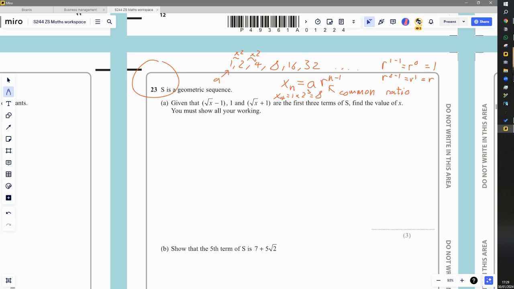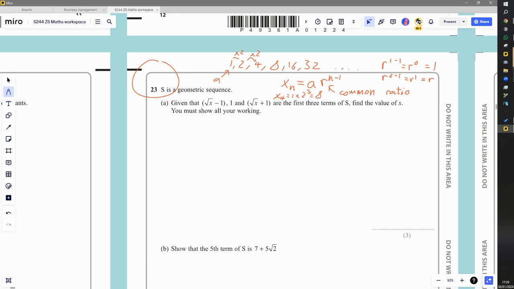They've made it a lot more complicated because they've given these expressions as some of the terms in the series. So, given that this, this, and this are the first three terms of S, find the value of x.